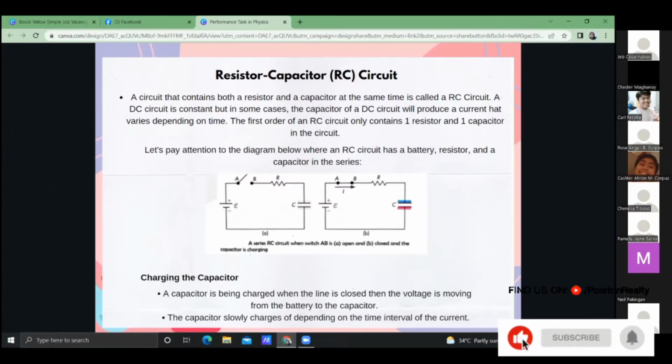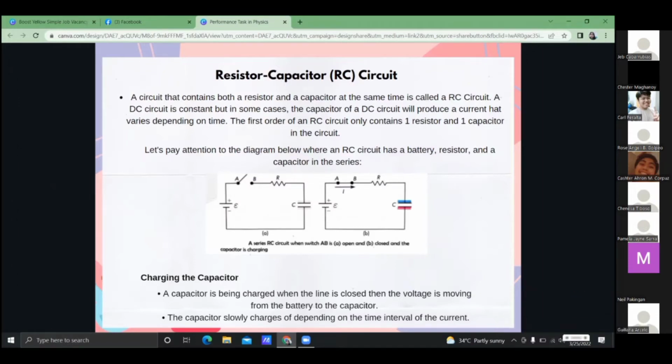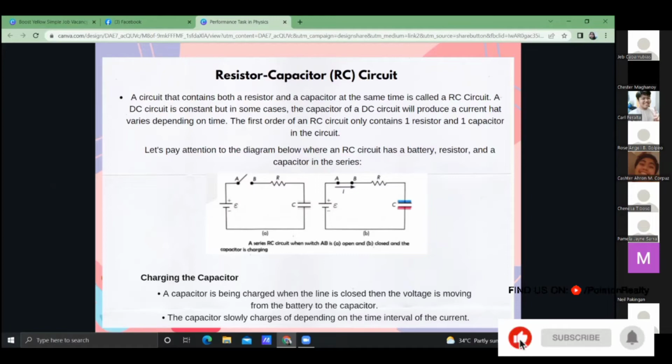It will then exit the capacitor and return to the battery. At first, we are charging the capacitor. A capacitor is being charged when the switch is closed, and the voltage moves from the battery to the capacitor. The capacitor slowly charges depending on the time interval of the current.